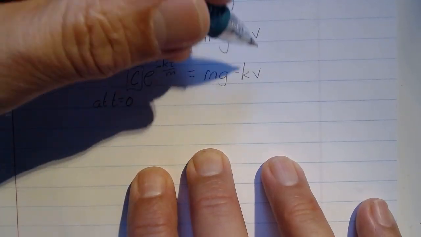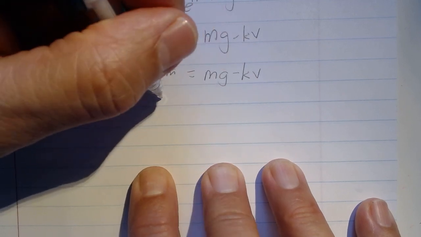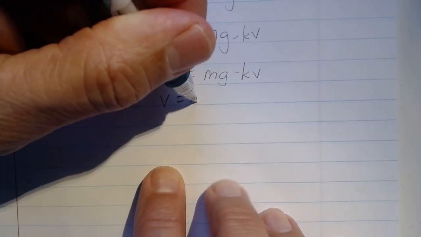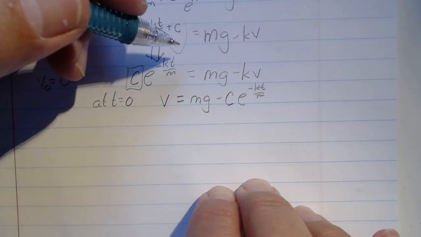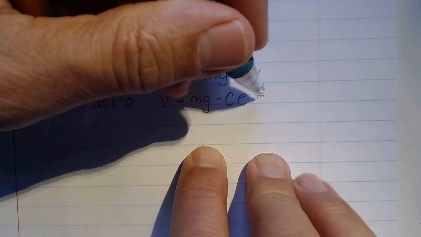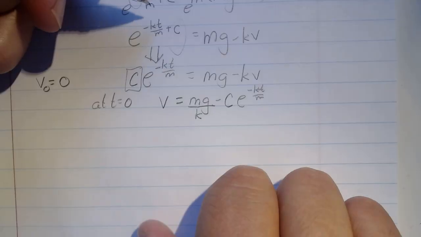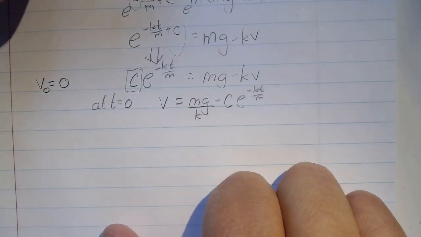If I rearrange this whole thing, I get v equals mg minus c e to the negative kt over m. I just did algebra to get that over there, all divided by k. And again, that's c. It's just c over k now. It's another c. That's probably my 4th c. Okay, but it's still a constant.